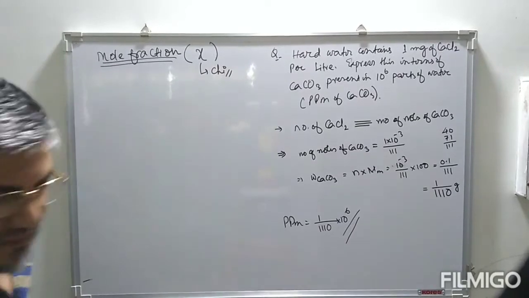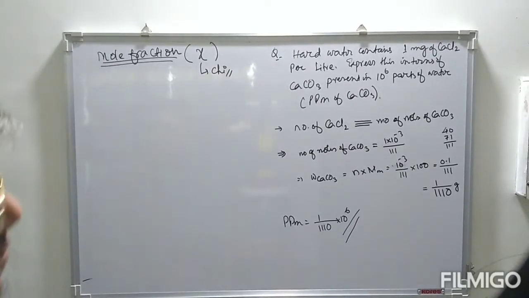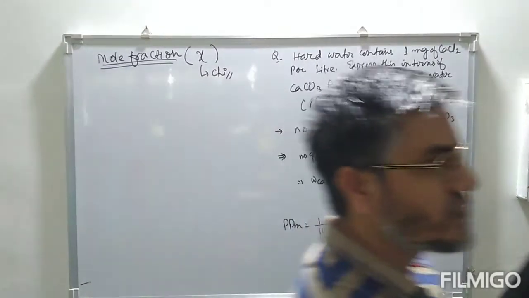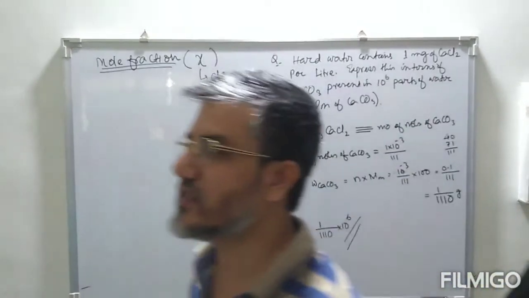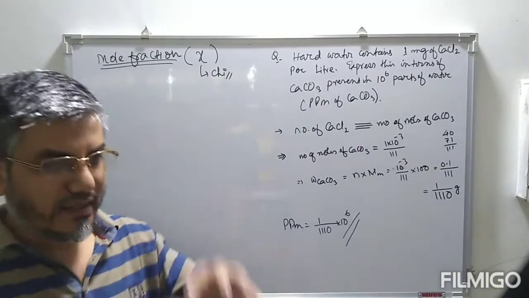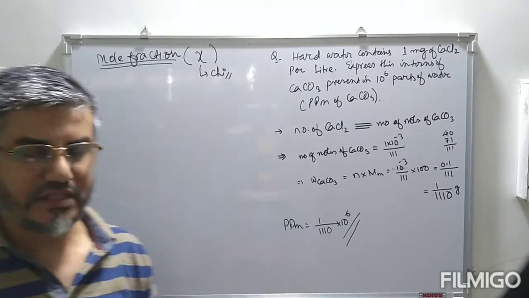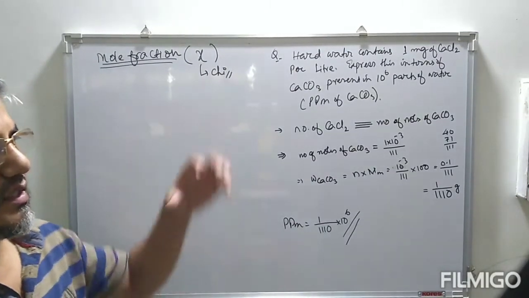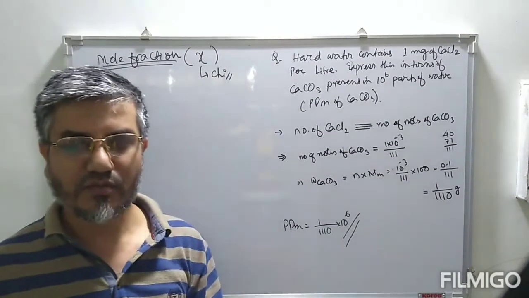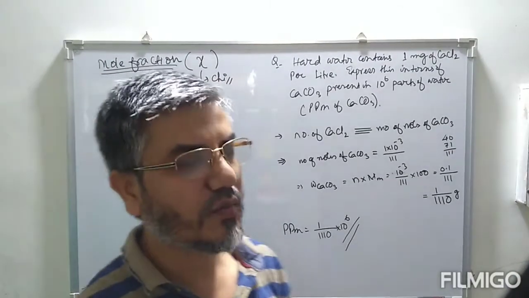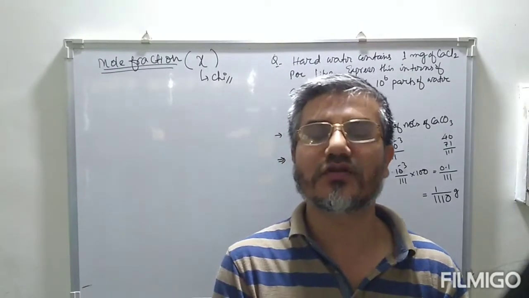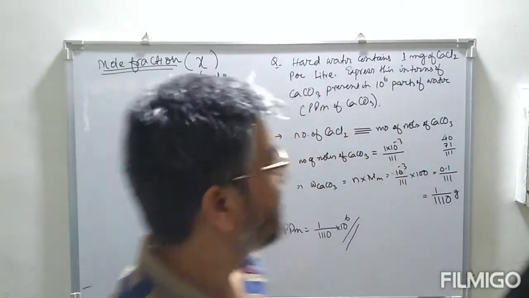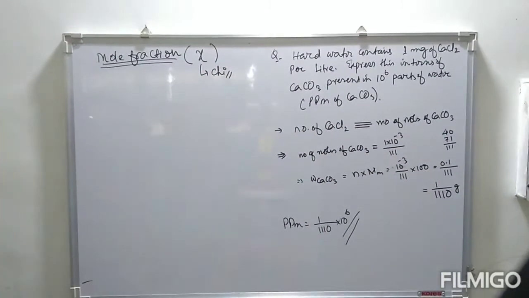This concentration term, mole fraction, is defined as, in a mixture of substances, the number of moles of any given component divided by total number of moles of the solution. That fraction is defined as mole fraction.